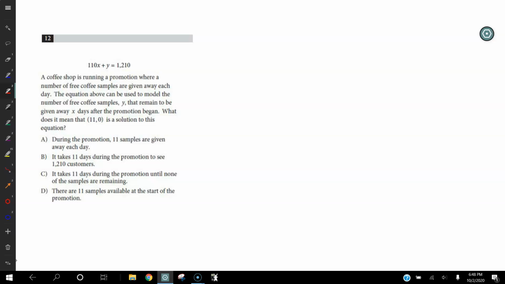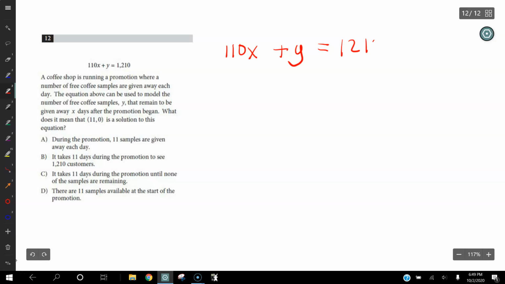Number 12, we have an equation, 110x plus y. So this one's a little different because our x and y are on the same side. Shouldn't be that big a deal though. A coffee shop is running a promotion where they give free samples every day. The equation can be used to model the number of free samples, y, that remain to be given away.